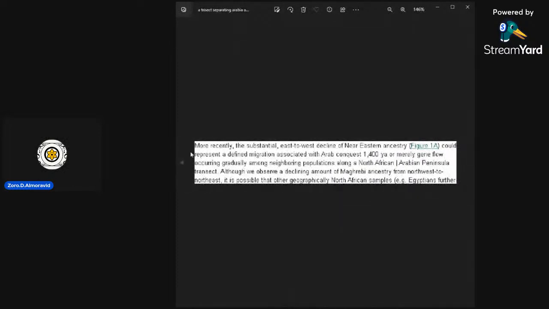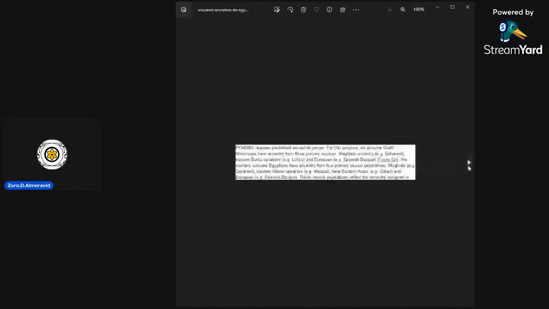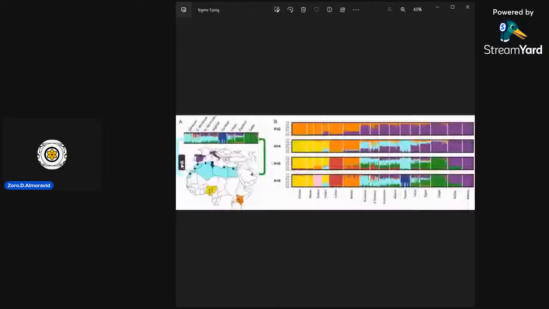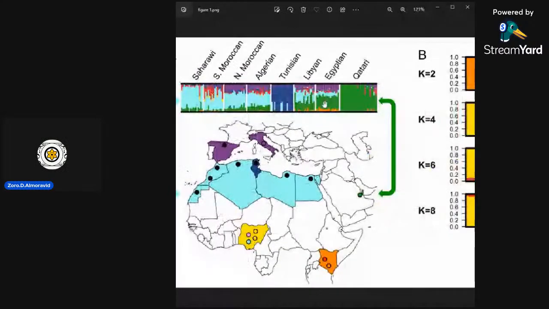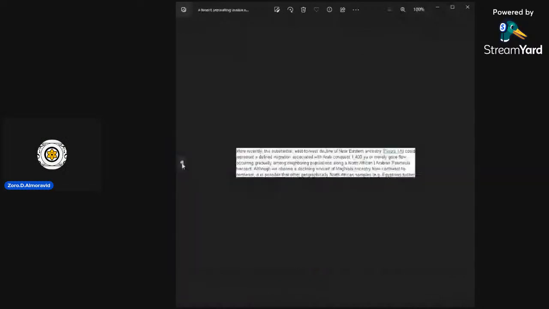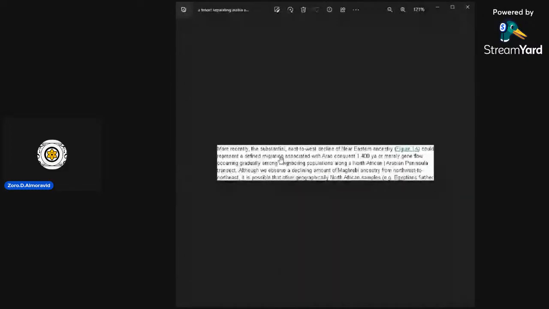So the substantial east to west decline of Near Eastern ancestry, as we can see here, the decline from east to west ancestry, could represent a defined migration associated with Arab conquest 1400 years ago, or merely gene flow occurring gradually among neighboring populations along North African / Arabian Peninsula transects.